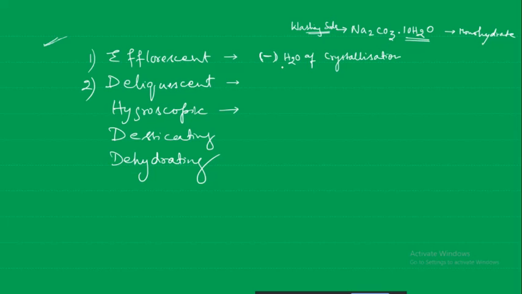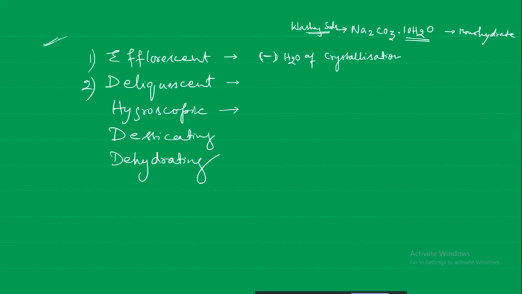It will lose its crystalline form, not water of crystallization, and it will become a saturated solution. For example, sometimes you visit a restaurant and they give some extra salt in a cup, and when you open it you see that the salt is all wet, as if someone has put water in it.